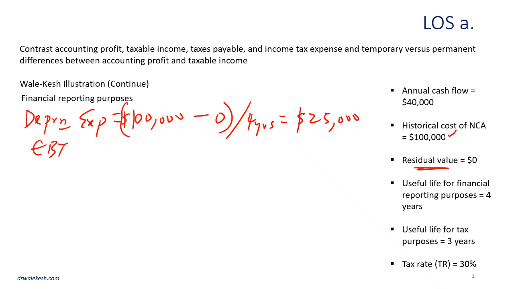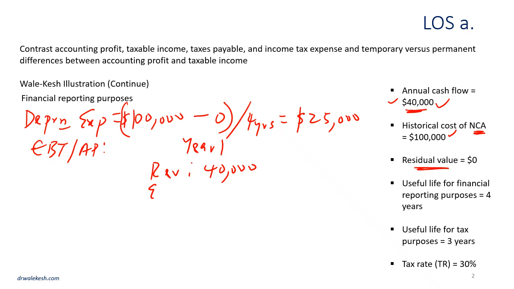The next step is to compute earnings before tax or the accounting profit. We would get started with year 1 earnings before tax. The first thing here is to compute the revenue. What is the revenue? The annual cash flow that the non-current asset will generate each year is 40,000 US dollars.